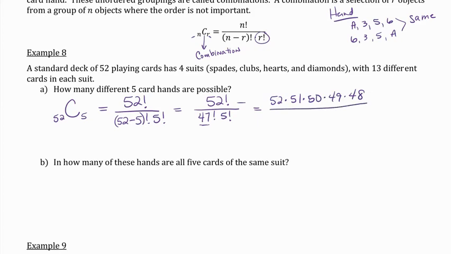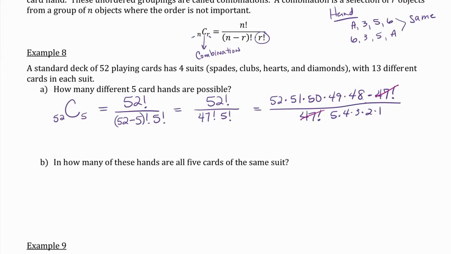If you want to see it cancel out, on the bottom we've got our 47 factorial, and then the 5 factorial is 5, 4, 3, 2, and 1. That's where those 47s cancel out and they go away.